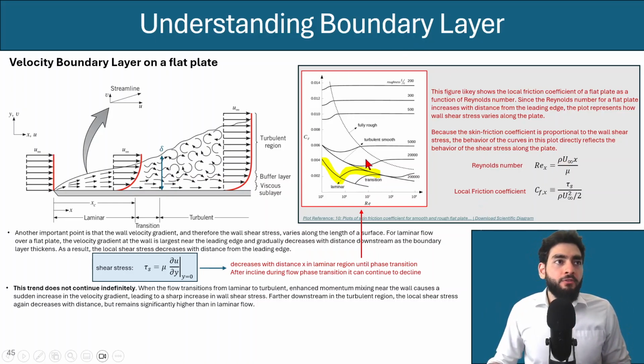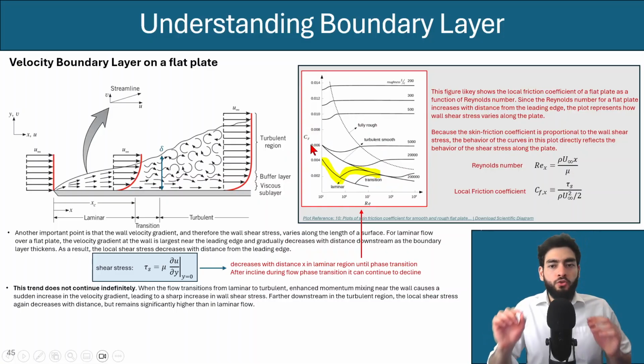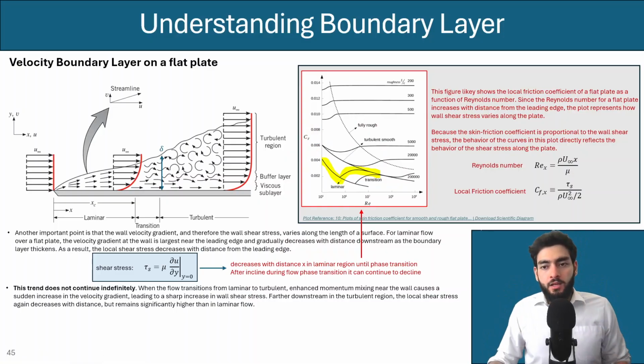So essentially, I found this example in a research paper, and this example shows the local friction coefficient. It doesn't show you the local shear stress, but I know that the local friction coefficient is proportional to the local shear stress, and so essentially you can track the trend of the local shear stress by looking at how this plot behaves.